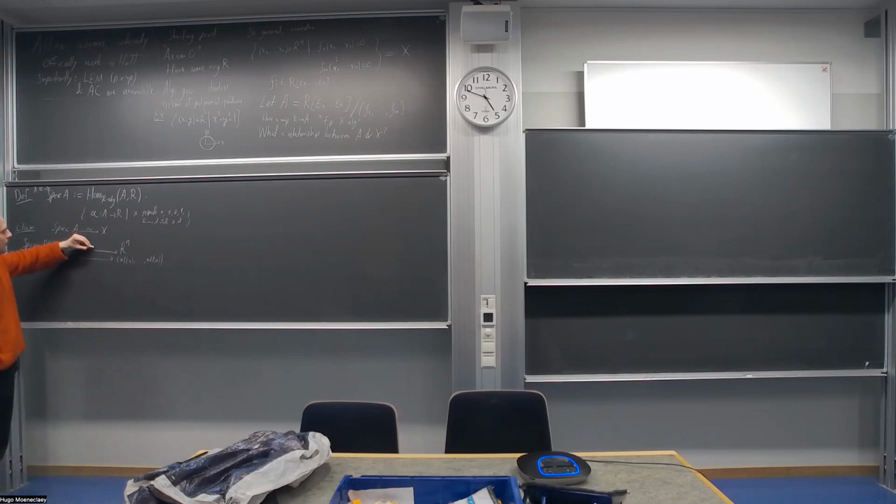And this is a bijection. So this is kind of the universal property, if you like, of the polynomial ring. It's freely generated by these variables.